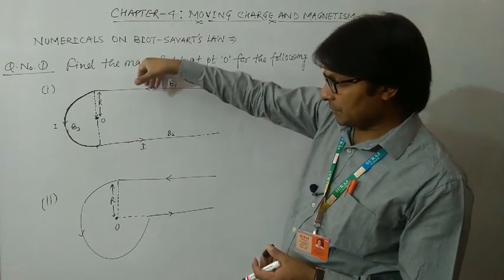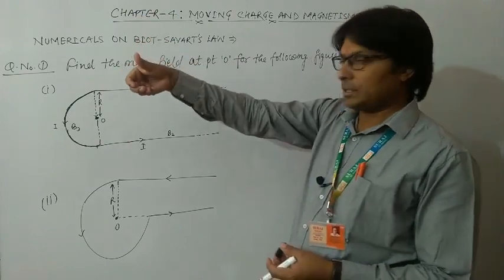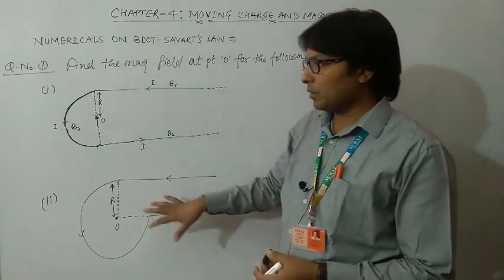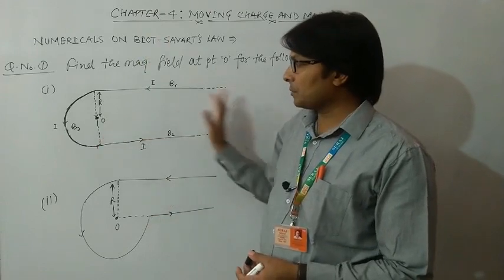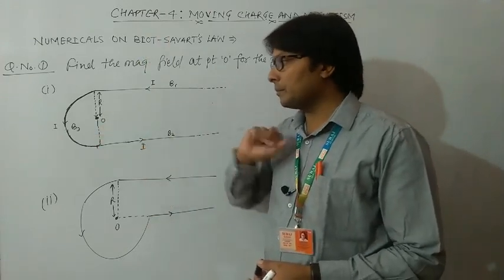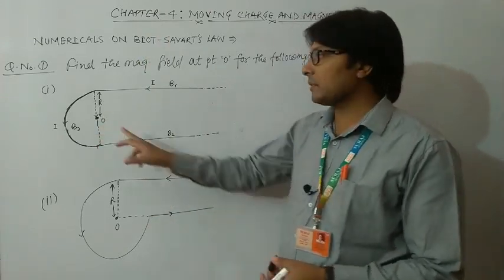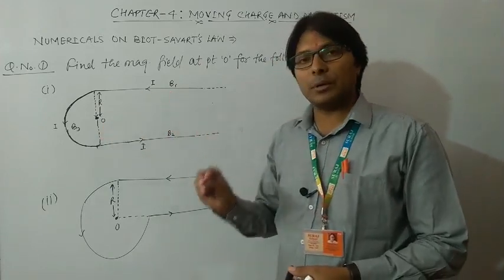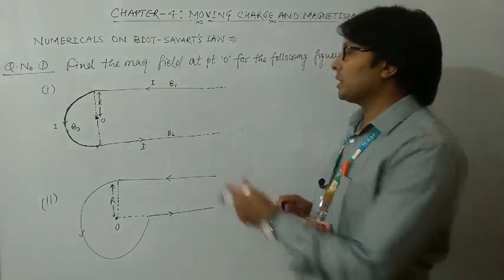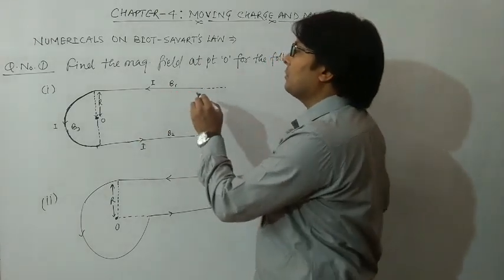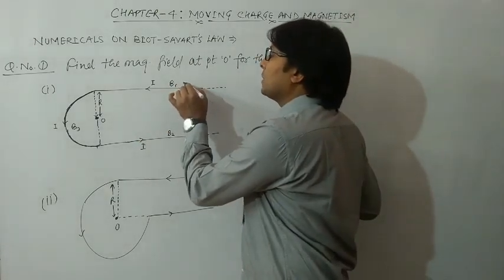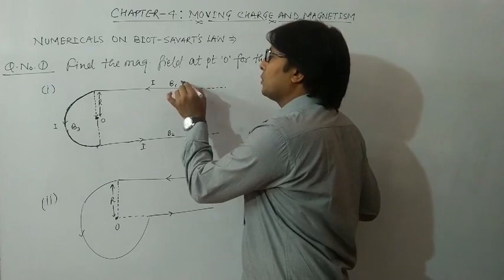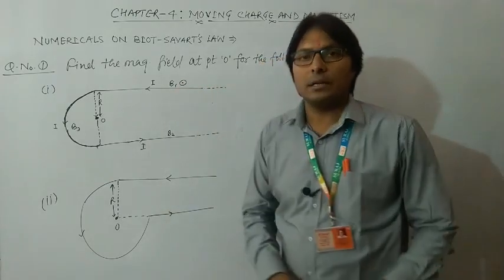But since the fingers are coming out from this plane, the direction of magnetic field at point O due to this wire will be perpendicularly outward. So the direction of B1 will be perpendicularly outward, and perpendicularly outward is denoted by circle dot.